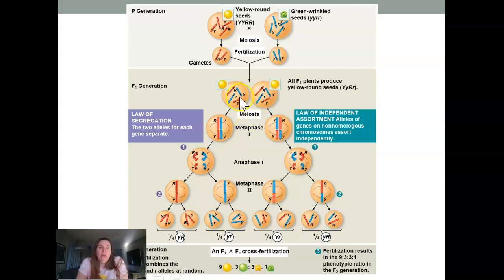So in other words, when meiosis is occurring, we know that those alleles are going to separate. So whenever we form gametes in our own bodies, we're going to only pass on one of those chromosomes per gamete.